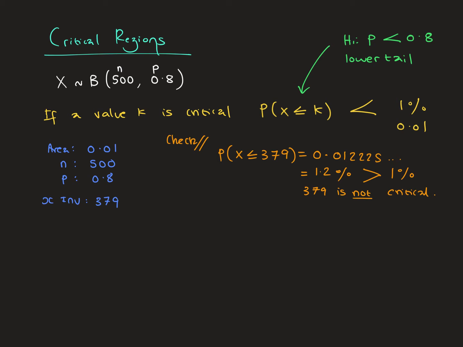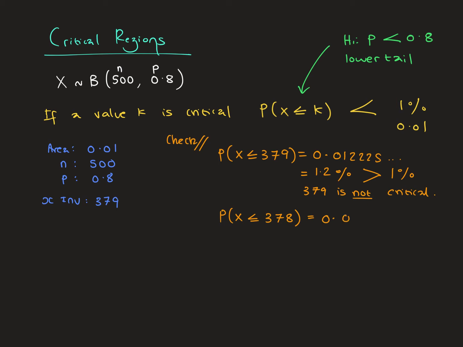And we know that 380 didn't result in a significant result. That was the calculation we did previously. So the calculator's given us an indication of the position of the critical region, but we do need to do a little bit of further work ourselves. So I'm going to do the probability that X is less than or equal to 378. Let's see what that gives us. Now that gives us a much smaller probability.